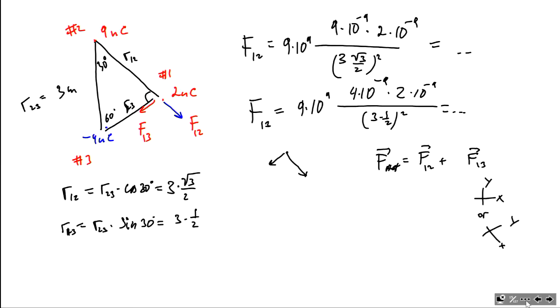Or we can add vectors together using a tail to a head rule. So it means we should add this plus this, and that gives this. This red arrow represents the resultant, the sum, the net force.